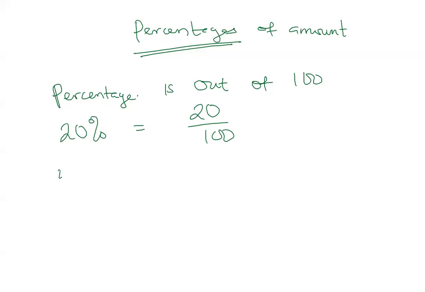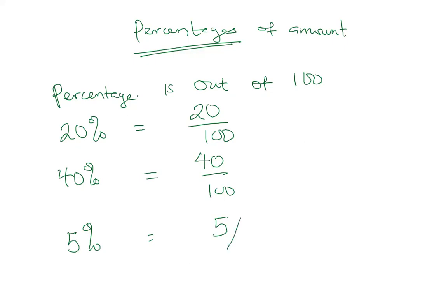If you say 40%, it means 40 out of 100. If you say 5%, it means 5 out of 100. That's how to look at percentages. So today, we're going to do how to find a percentage of an amount.